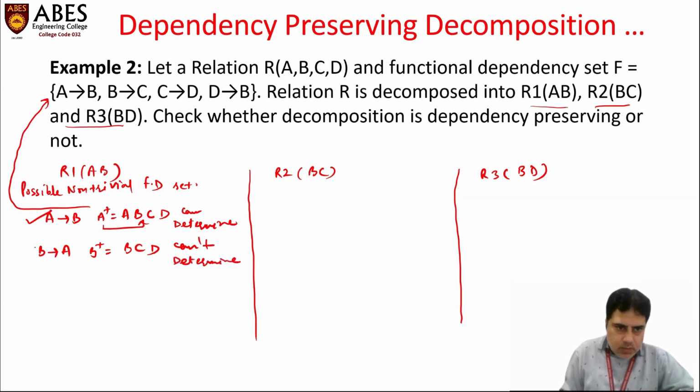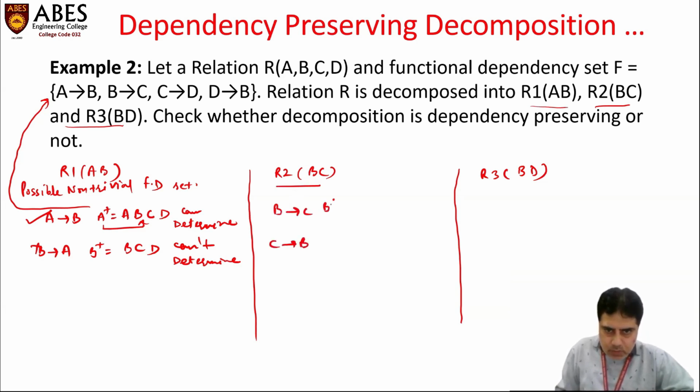So we can't. Now here in R2, the possible non-trivial functional dependency set is B to C and C to B. Take the attribute closure of B: B to C, C to D, D to B. So here we can determine, it holds.